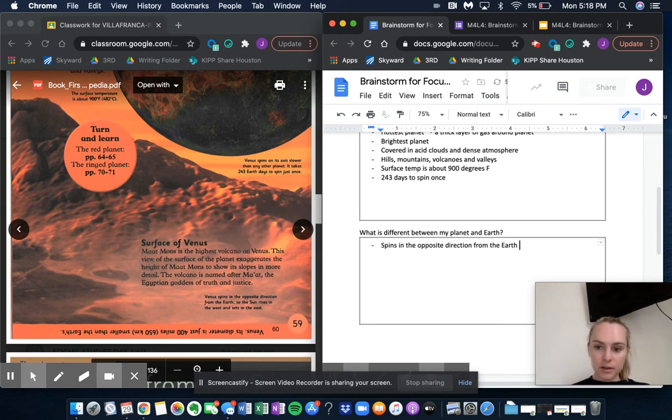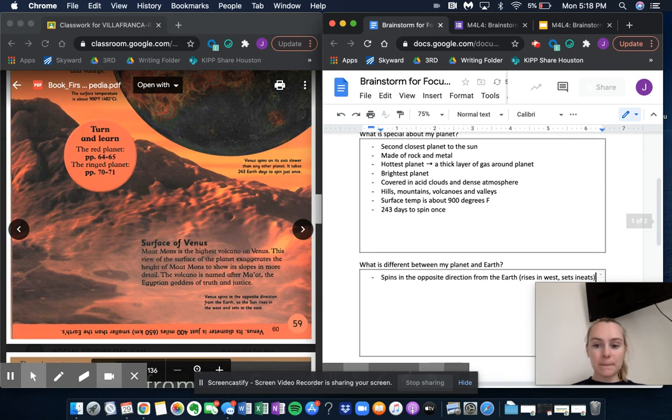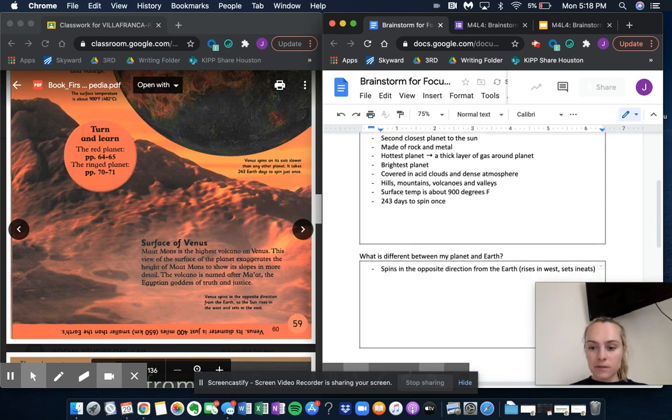It's trying to load. Then we could say rises in west, sets in east. And that concludes my model. Oops, make sure I spell it correctly. Sorry guys, my computer is being a little slow today. It's having a mind of its own.